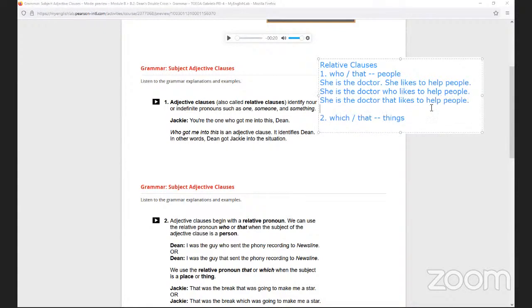We could use both, okay, with who or maybe with that, okay? But what is going to be the difference? The difference is going to be that who is gonna be more formal, and that is gonna be informal. Okay, that is the only thing. Which or that only for things.